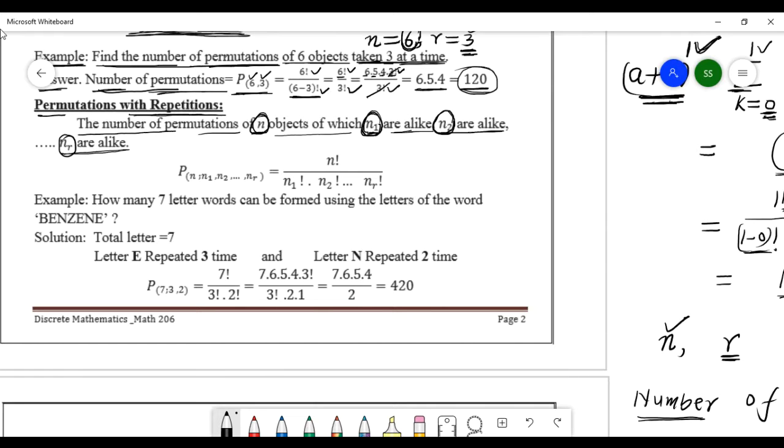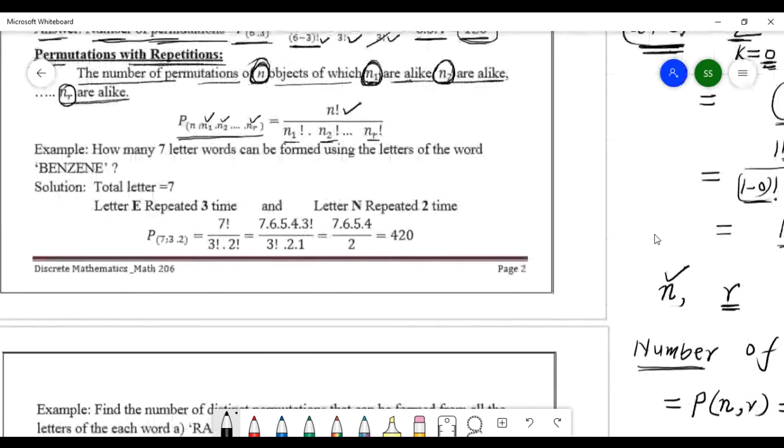Okay. Then how to write permutations? And remember this total n here. So you will write permutation this way: P of n here, n1, n2 up to nr. Here factorial n, there factorial n1, there factorial n2, there factorial nr. Okay. So this is called repetitions.